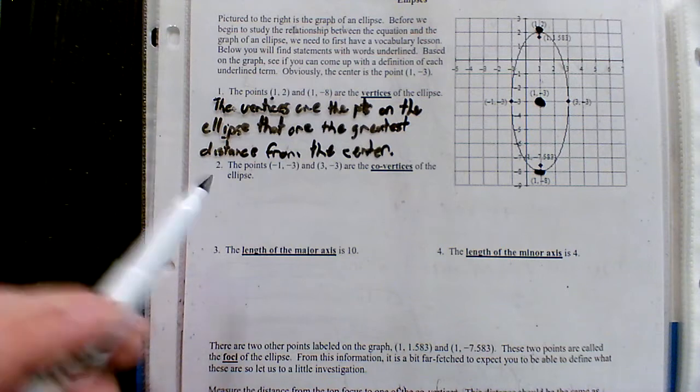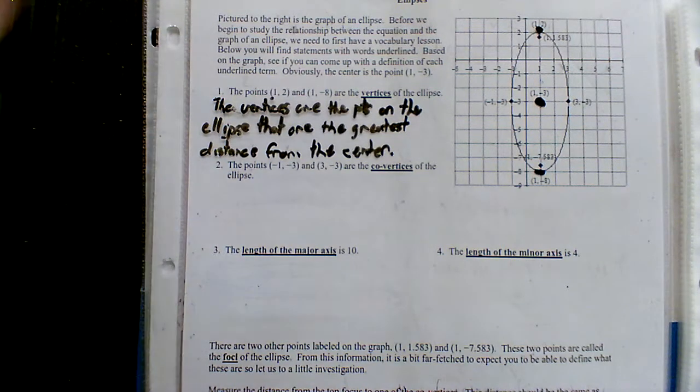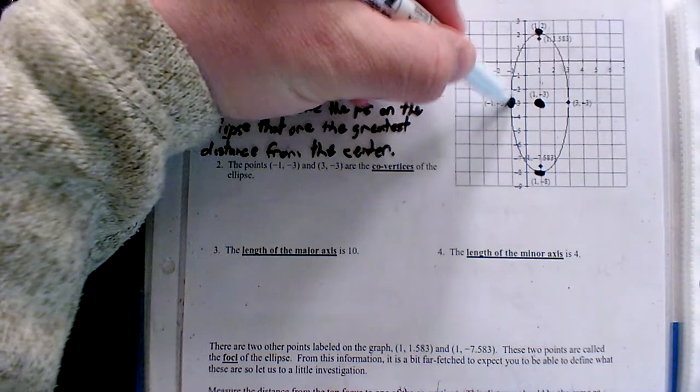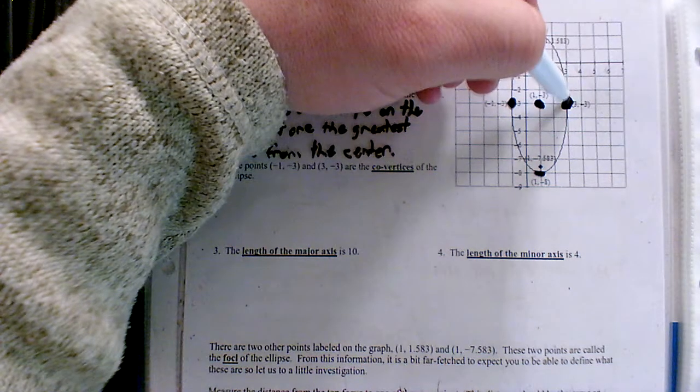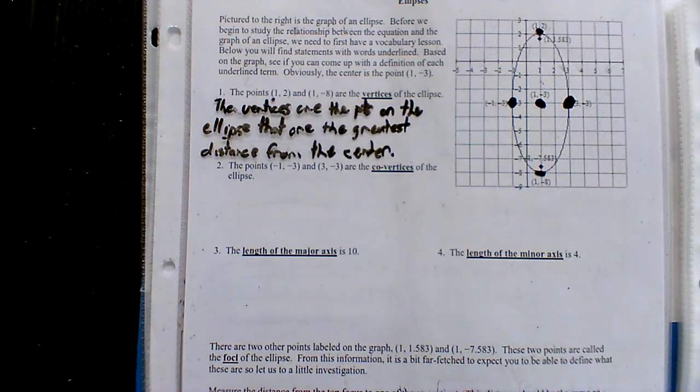Alright, let's look at number 2. The points -1, -3, right here, and 3, -3, right here, are the co-vertices of the ellipse. So what do you notice about these two? They're the points that are closest or the least distance from the center, yeah.